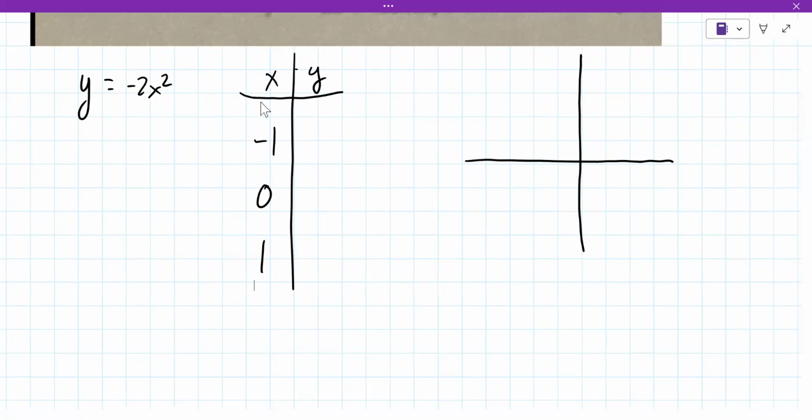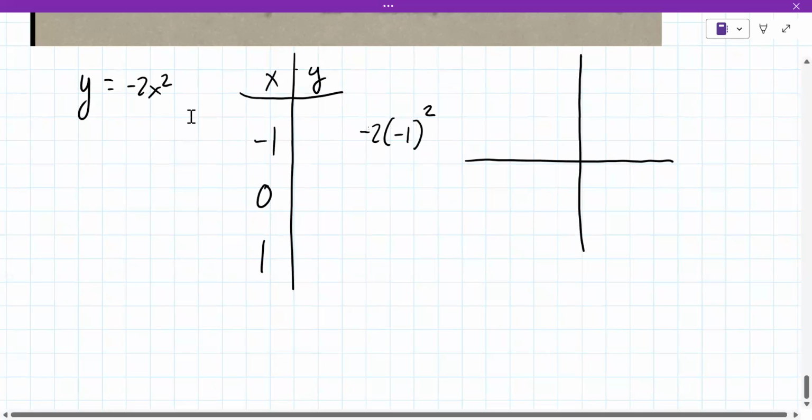For example, for -1, it's -2 times (-1) squared. I'm putting -1 in for X. Order of operations says you first square, then multiply by -2. What would that become?